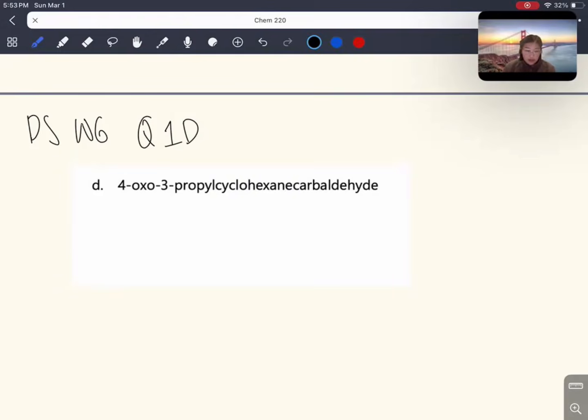I can see this over here, cyclohexane carbaldehyde. Carbaldehyde means that you have some sort of ring, let's just say this is a ring, and then attached directly to the ring, you have an aldehyde group. That's what the carbaldehyde suffix means.